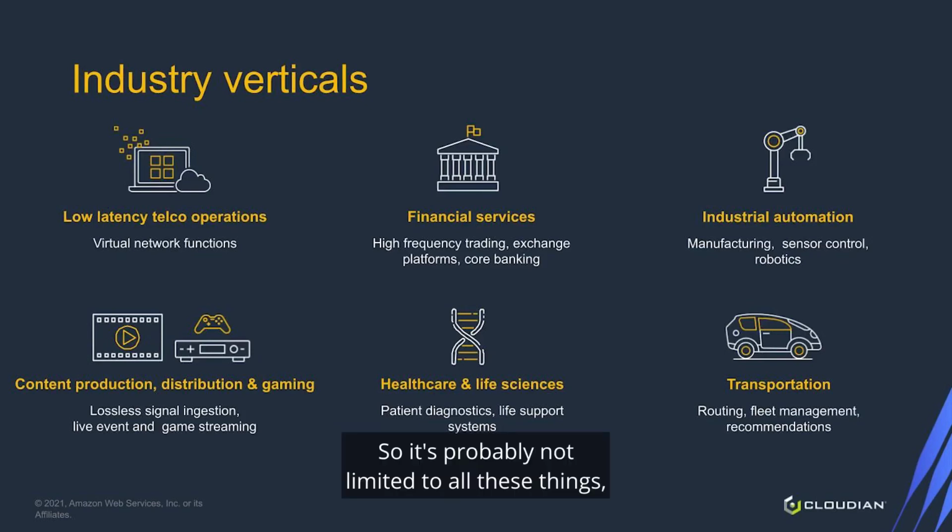So, it's probably not limited to all these things, but in the last year, I've been very excited or overwhelmed, I don't know what the right word is, but kind of amazed maybe by how much data people say they're generating, either on-prem or in cities or at the 5G edge, and how many of them are thinking about moving to object stores, right? Which is pretty common in the cloud, right?